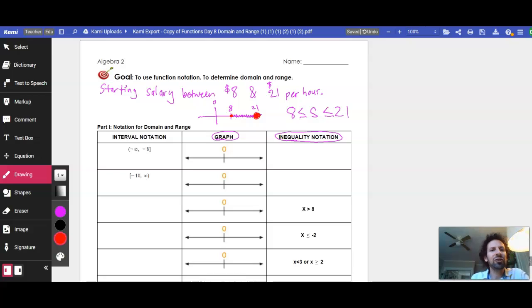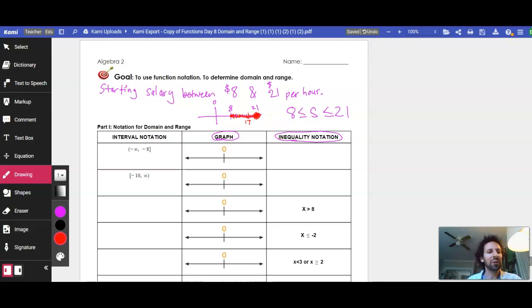And we shaded all the numbers in between because you might earn any salary in between. So you might earn, say, $17 an hour. 17 is a possible salary. So all the numbers that are shaded include the possible starting salaries that you can make at the job.